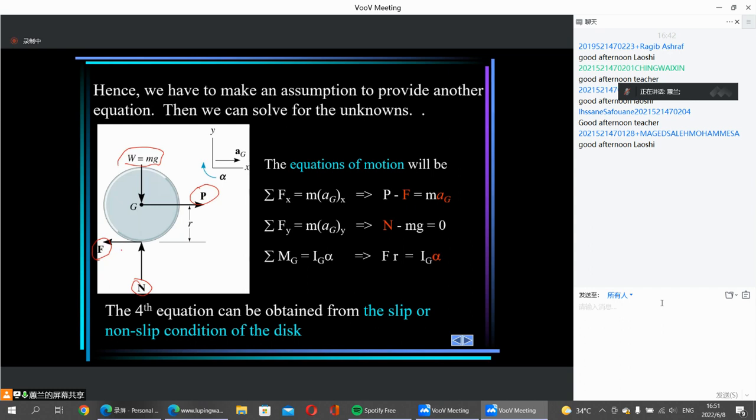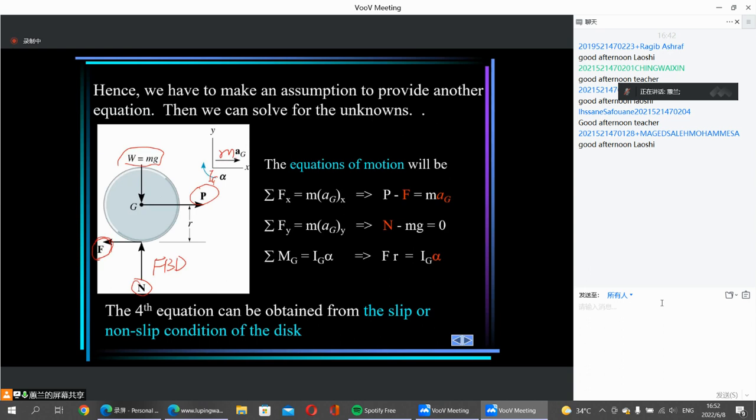Okay, so here actually this is FBD, and we have the friction force. We don't know exactly the friction force, the magnitude or the direction. We make an assumption here. This is FBD, and for KD, we have the kinetic force mag, and the kinetic moment Ig alpha, right?